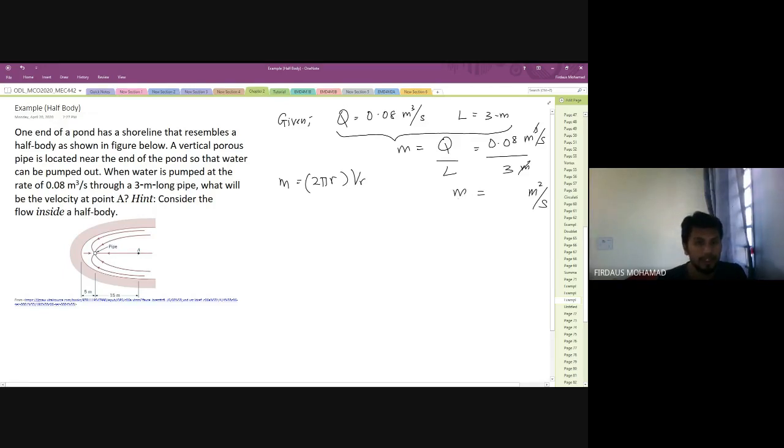And then the question asks you to determine velocity at point A. So what is the velocity at point A? For this half body, let's recall the equation for the velocity.